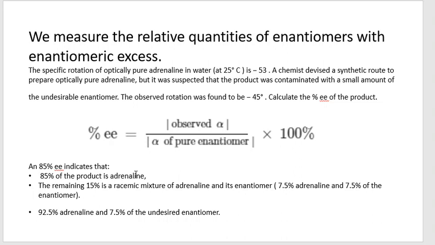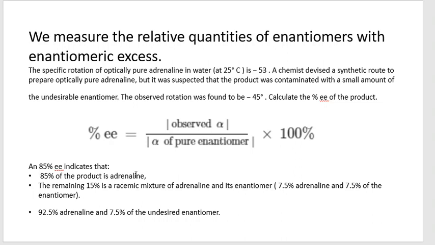To interpret that, 85% of the product is adrenaline, the single enantiomer which the chemist was trying to make. The other 15%, we just can't see in the optical activity, and the reason is that it is racemic. So it's 50% of the adrenaline and 50% of the enantiomer.